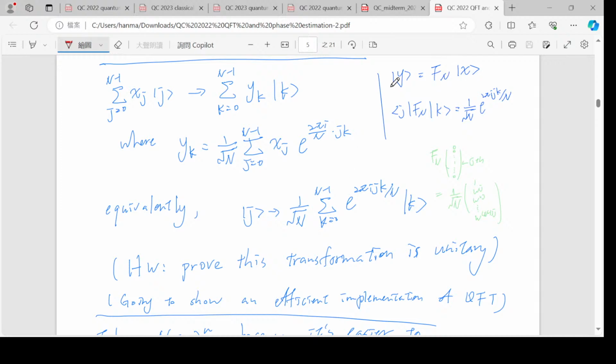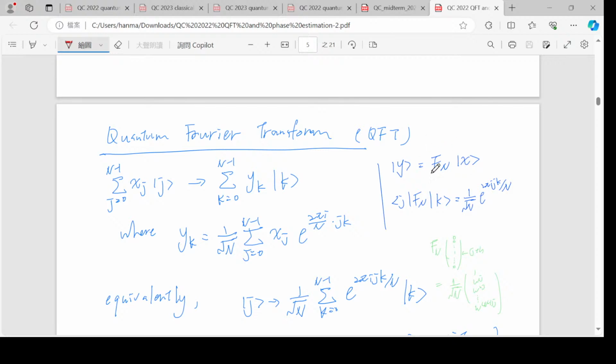So it's a unitary matrix, and we can think of it as a quantum gate. We think of this as a quantum gate on an n-dimensional quantum vector. Obviously we can define a quantum gate this way, since it's unitary, so it's a valid quantum gate. And just like before, we can write this in components.